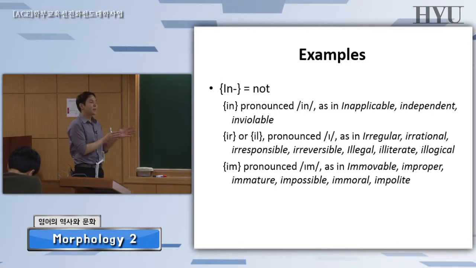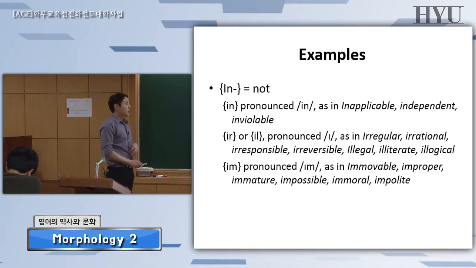Remember? We assimilate one consonant sound, make it like the adjacent sound, the sound next to it, for ease of pronunciation. So whenever you have R as the beginning of the next word, or when you have L as the beginning of the next word, then the N turns into "ir" or "il," like that.